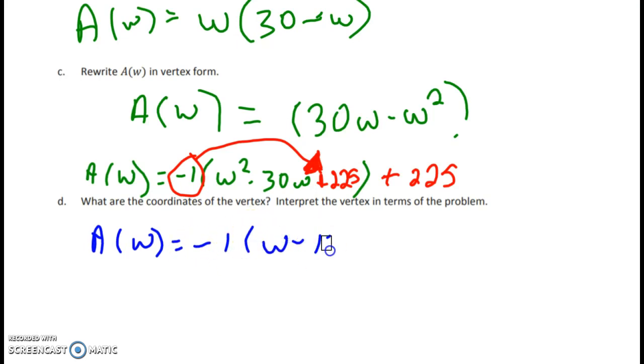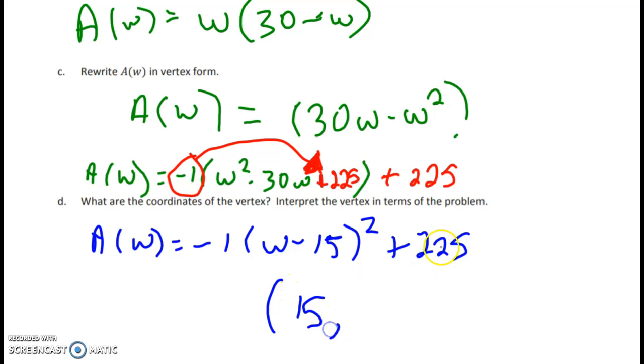W minus 15 squared plus 225, which leads us right into D. What are the coordinates of the vertex? Remember, this is x minus h, so the x value is 15. The y value is 225.